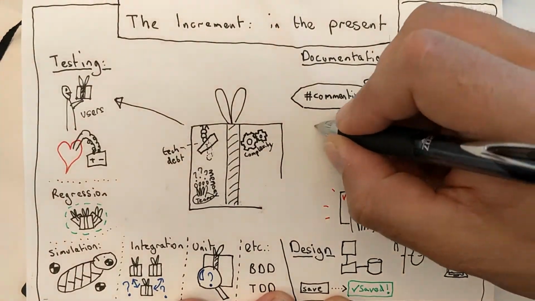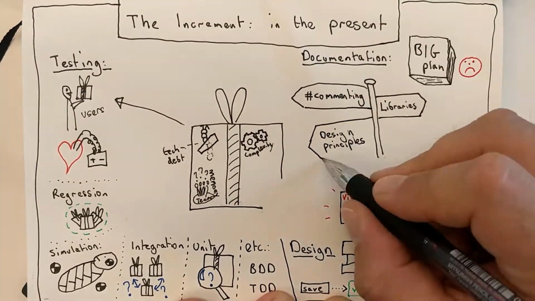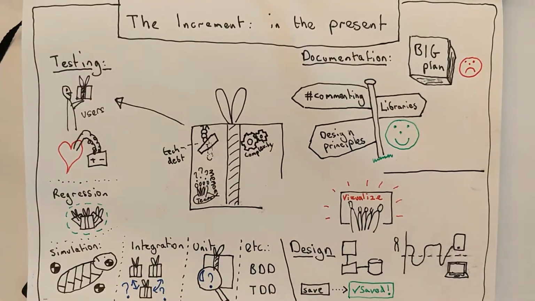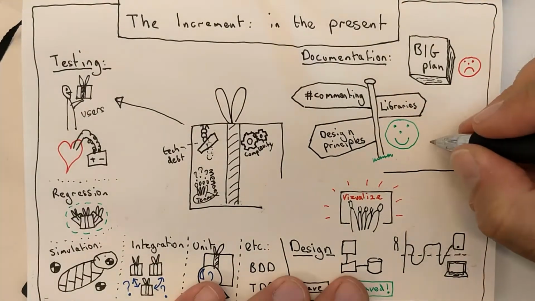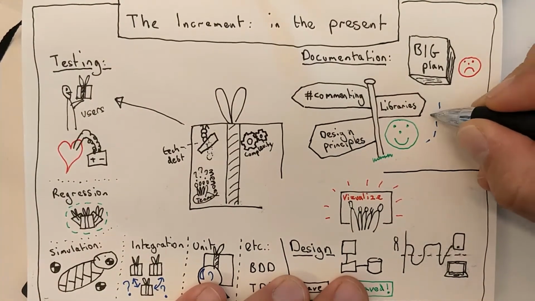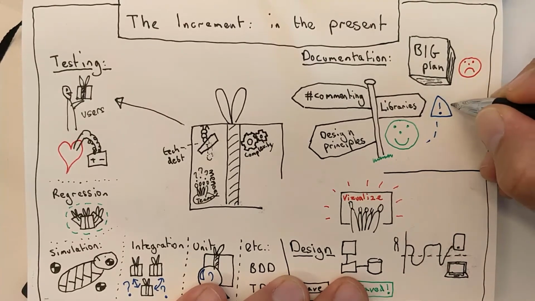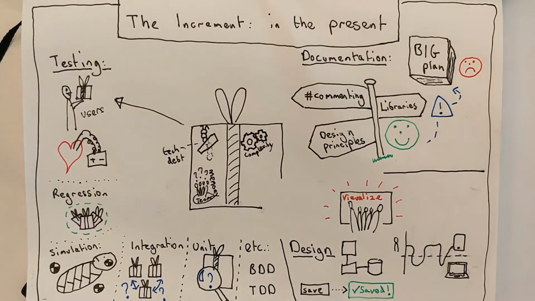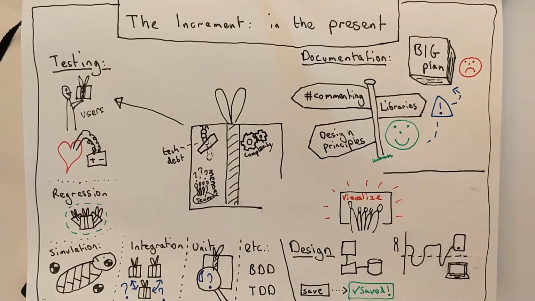Code commenting, front-end libraries, test scripts, and design principles are all examples of this, as long as it helps in the understanding of the increment. Too much or messy documentation can lower transparency and/or make empiricism difficult in the future.